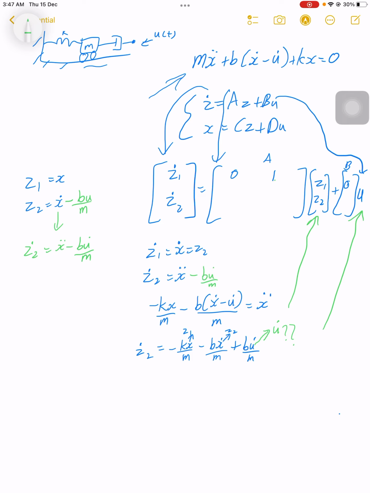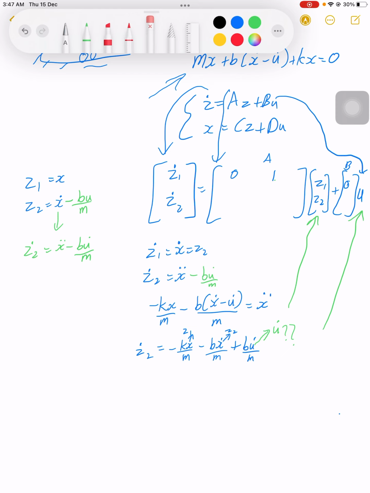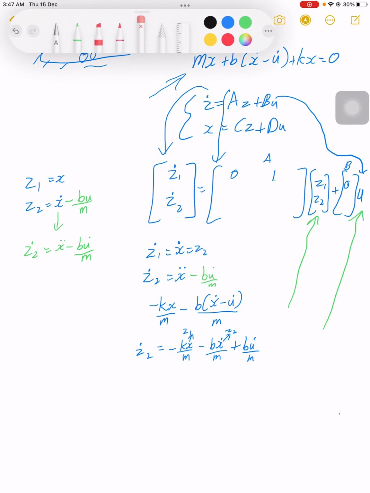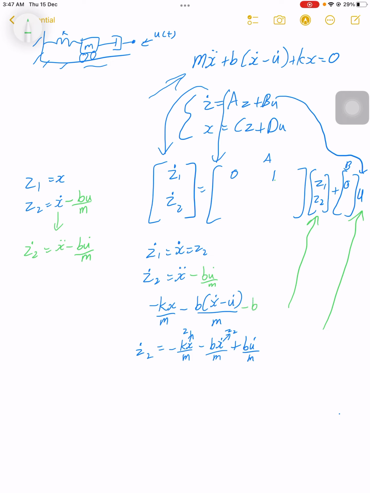And when we make this equation, we're gonna have to add the new term. So minus b u dot over m, so x double dot minus.